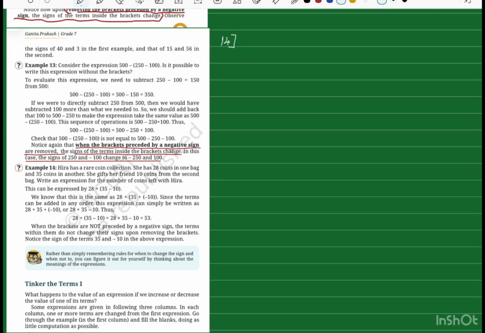For example 40: Hira has a rare coin collection. She has 28 coins in one bag and 35 coins in another bag. She gives her friend 10 coins from the second bag, so it will become 35 minus 10. Write the expression for the number of coins left with Hira. So 28 coins in the first bag plus, in the second bag, she has 35 minus 10.